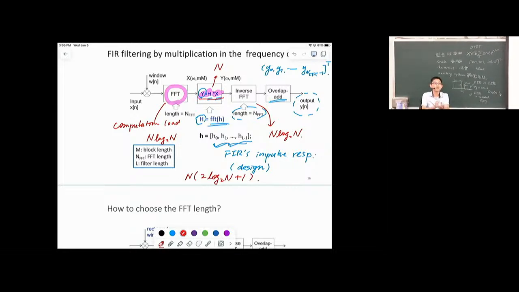That's the computation load for processing one block of input. And you can compare that with direct convolution, and hopefully you'll see that by an appropriate choice of n, we have acceleration.